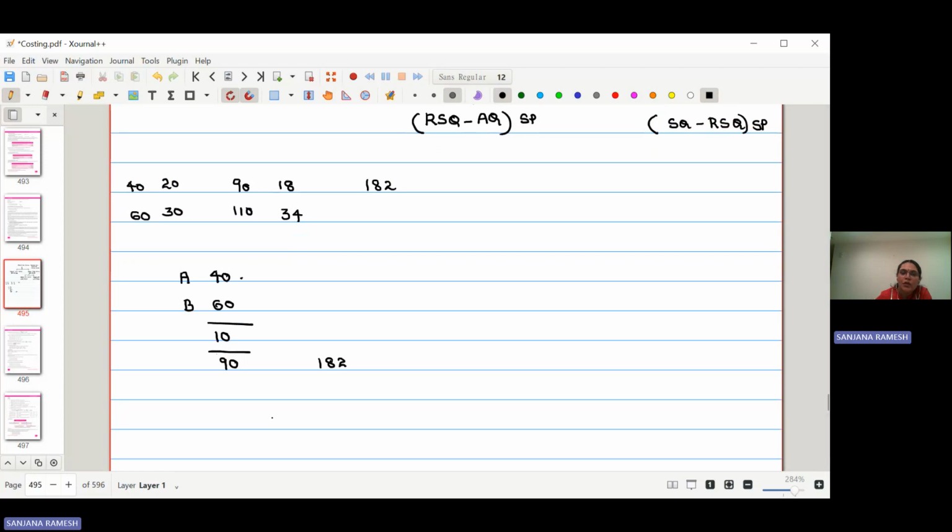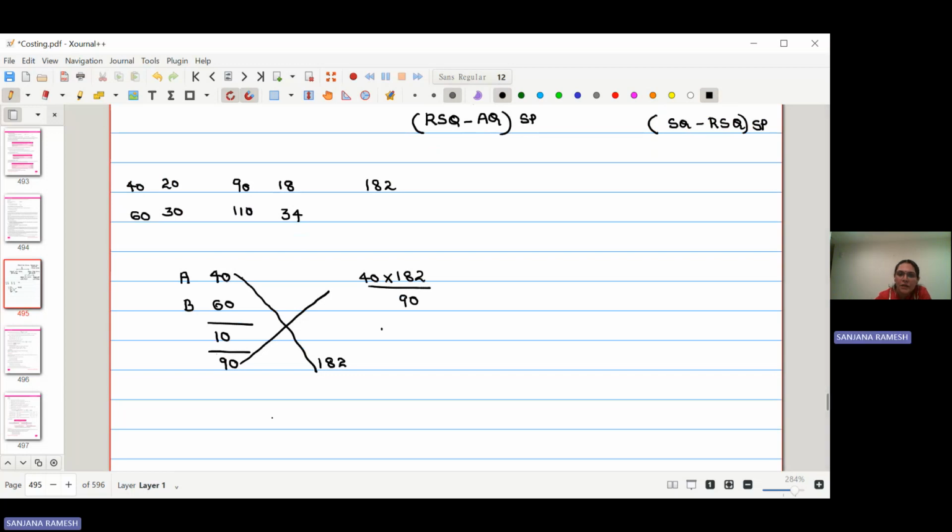So for material A, what is the revised standard quantity? We can cross multiply this one. For material A, it will be 40 into 182 divided by 90.